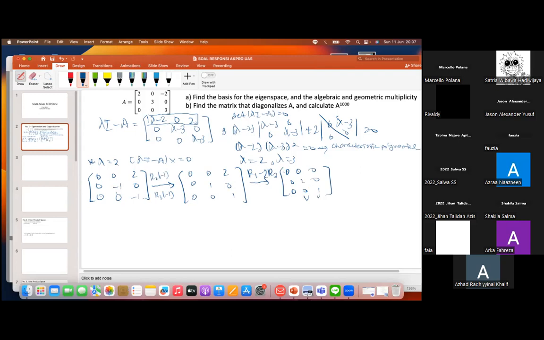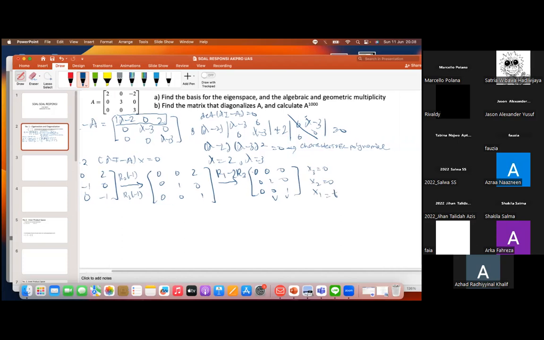Therefore x3 equals 0, x2 equals 0, and x1 equals a parameter t. So x1, x2, x3 is equivalent to t times 1, 0, 0. This is your first one.